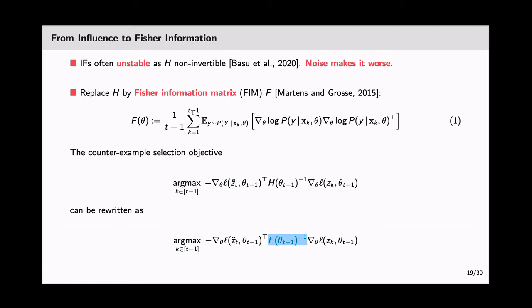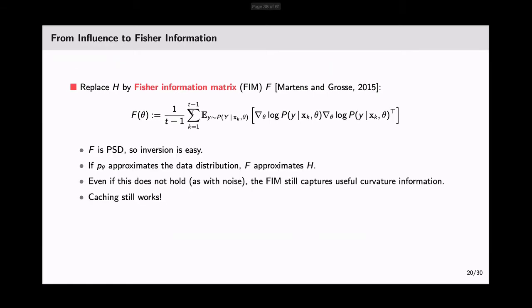The Fisher information matrix, or FIM, has some nice properties. The first one is that it's positive semi-definite, so the inversion of this matrix is easier. The second aspect is that if our model approximates the data distribution, F also approximates the Hessian.